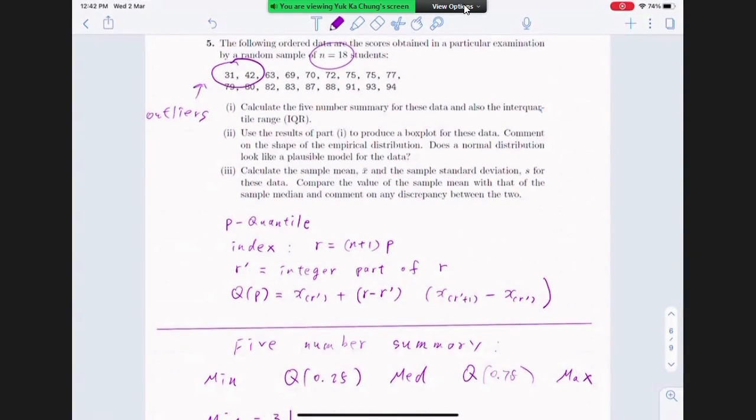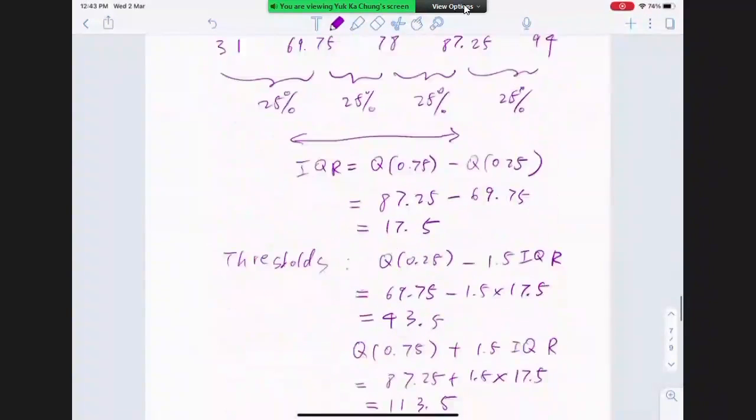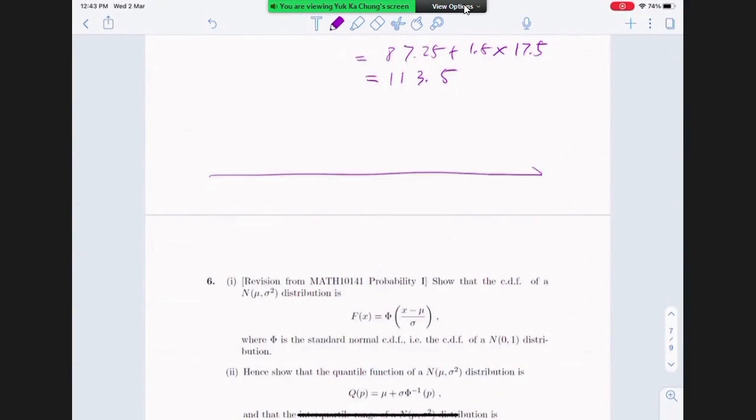And in constructing a box plot, we will plot these outlier points to indicate them. So if you want to sketch the box plot, you have 31 here and 42 here, somewhere here. So these will be the 2 points corresponding to the outliers, indicated in the box plot.